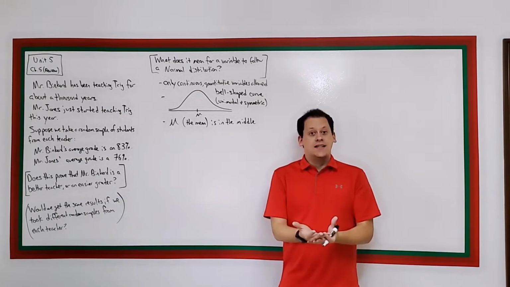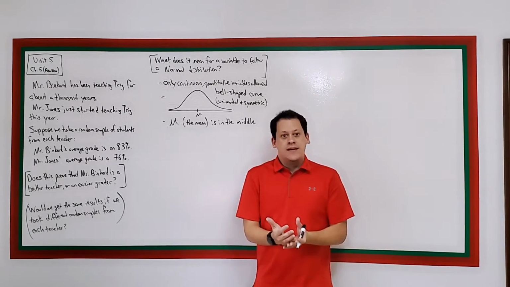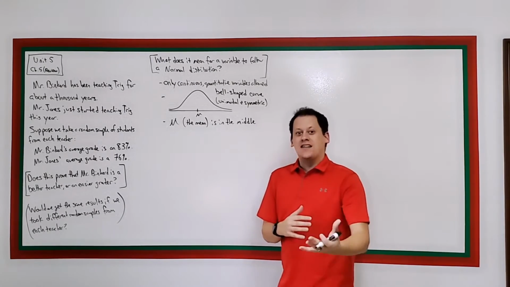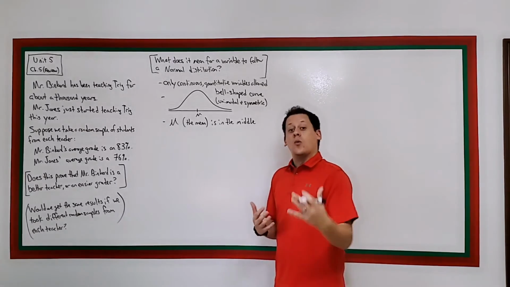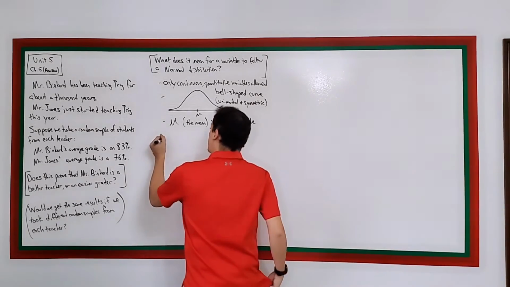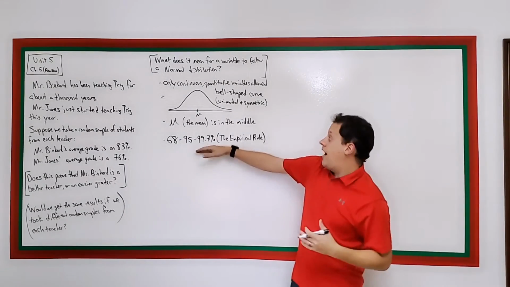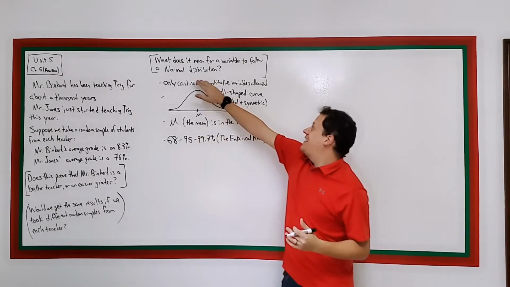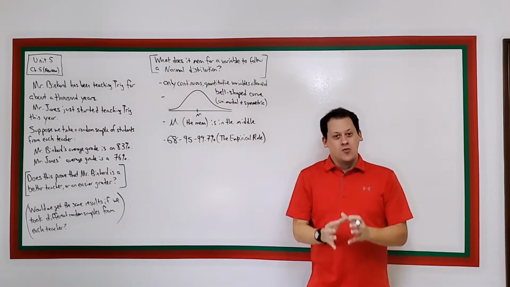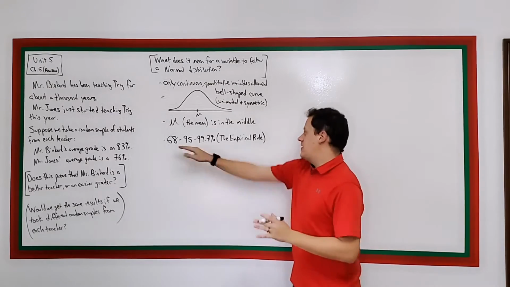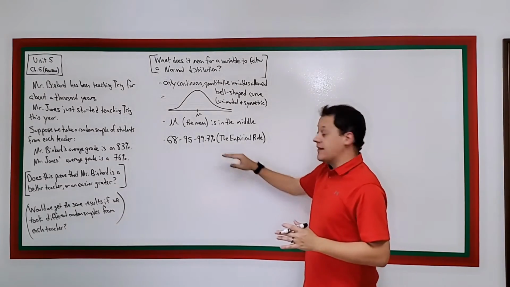We introduced the idea of the standard deviation in terms of the 68, 95, 99.7%, or empirical rule. This rule, all of these things, only apply to variables that follow a normal distribution. I don't want you to think that this is always the case no matter what.